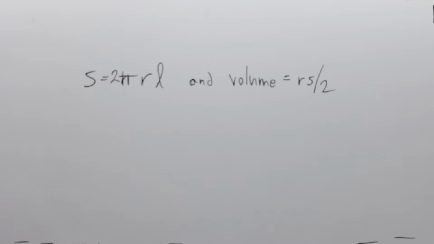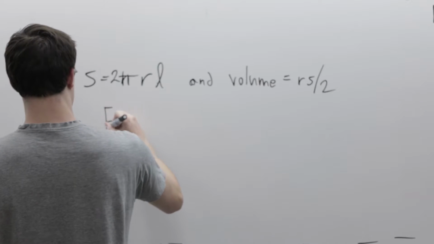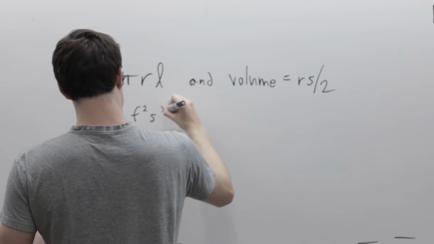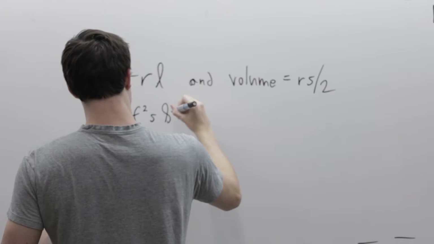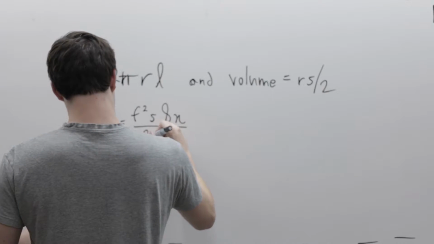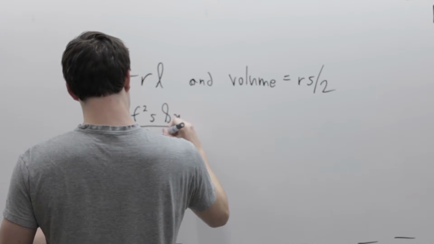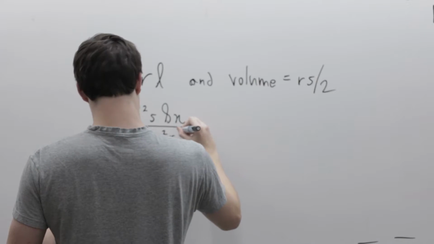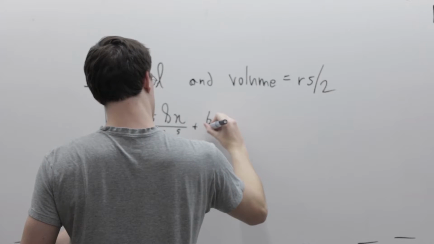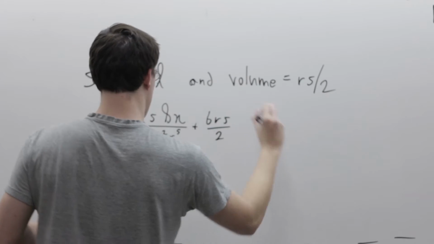So our earlier equation, the equation for E, becomes E equals F squared S times 8 eta over 2 pi squared r to the 5th plus B R S over 2.